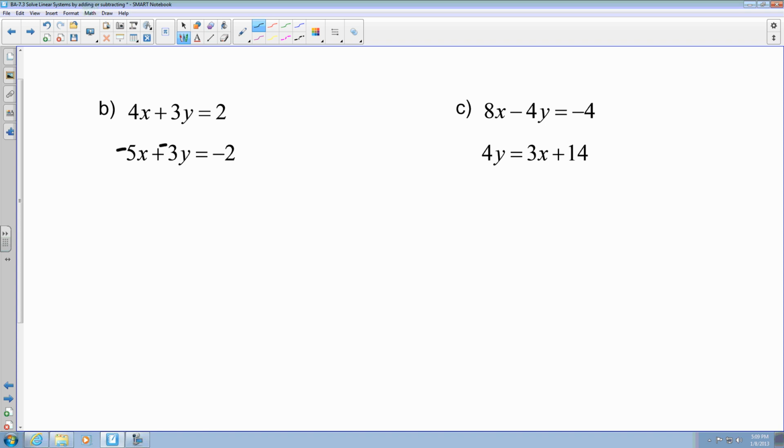Negative 2 is negative, so that changes it to be a positive 2. So then now I can go 4x minus 5x, which gives me a negative x. These cancel, and then this would equal 4.